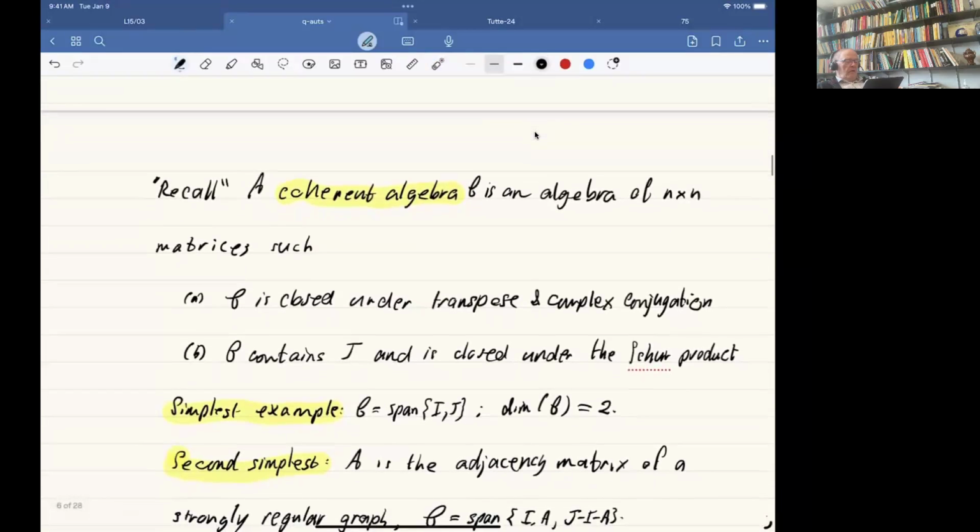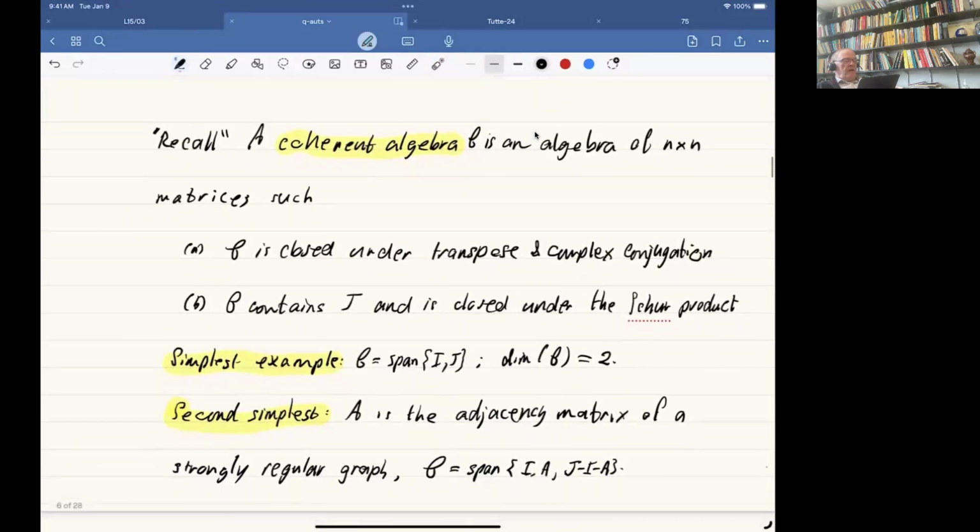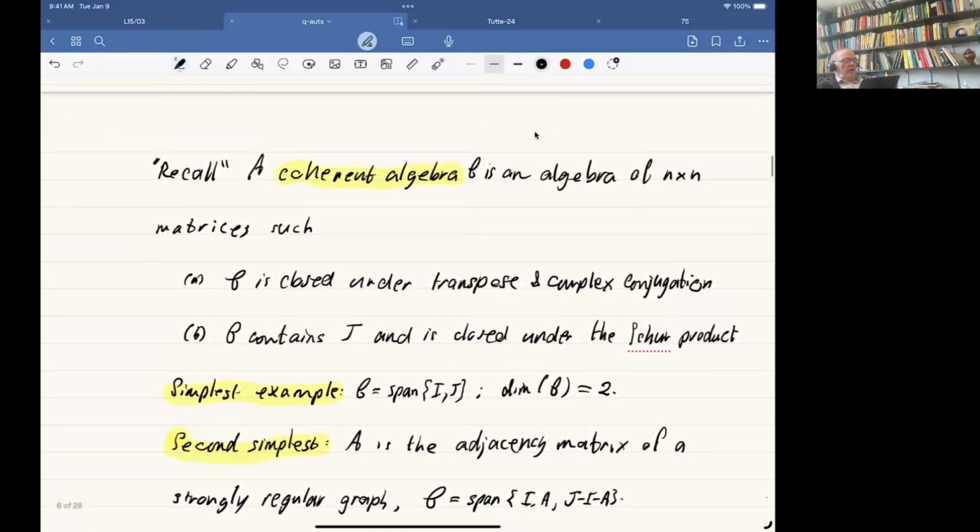And so now I'll just repeat some of what I just said. A coherent algebra is an algebra of invariant matrices such that C is closed under transpose and complex conjugation. It contains J and it's closed under the Schur product.